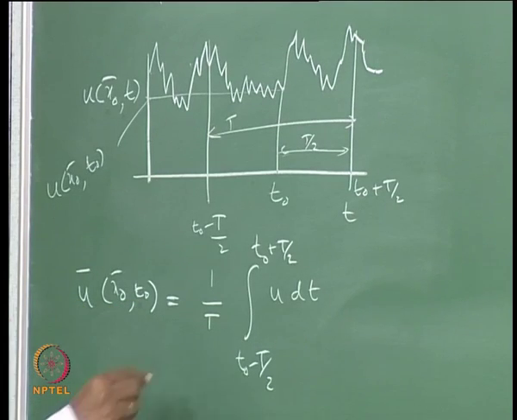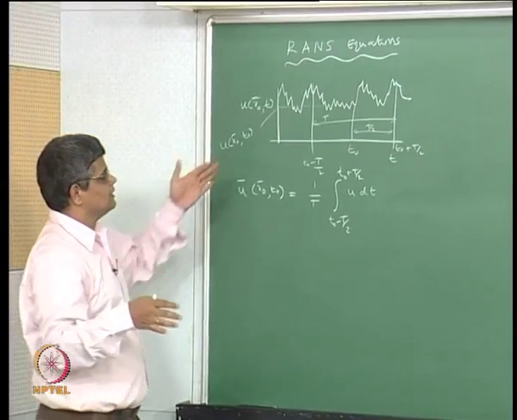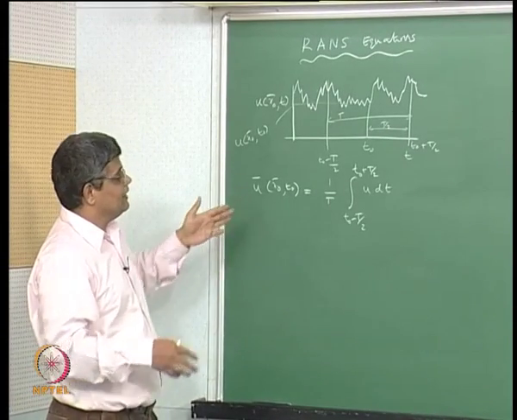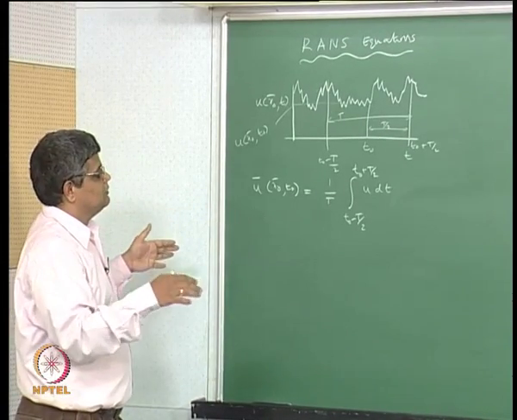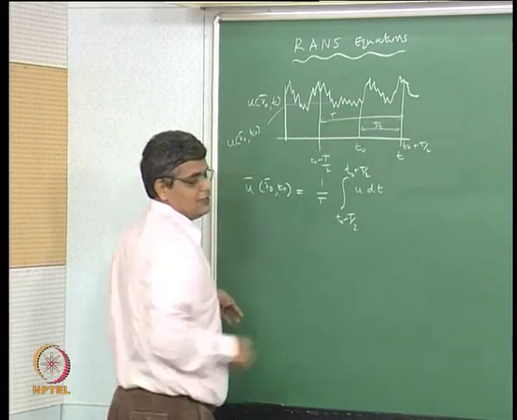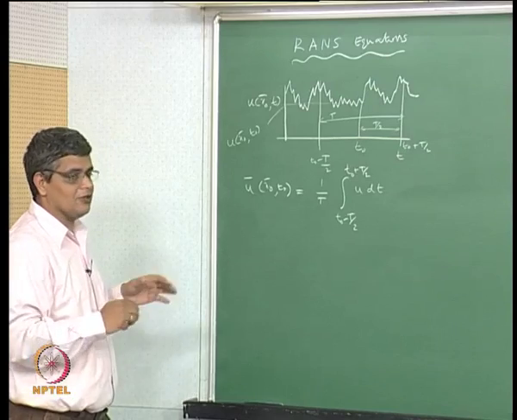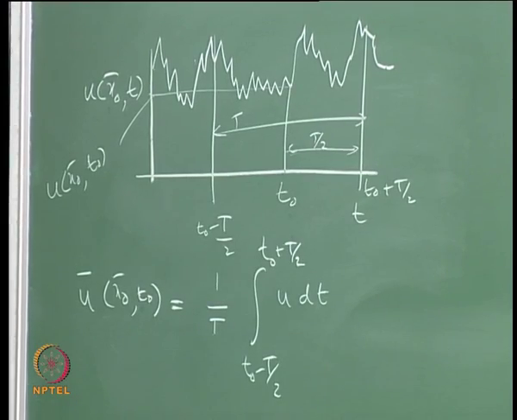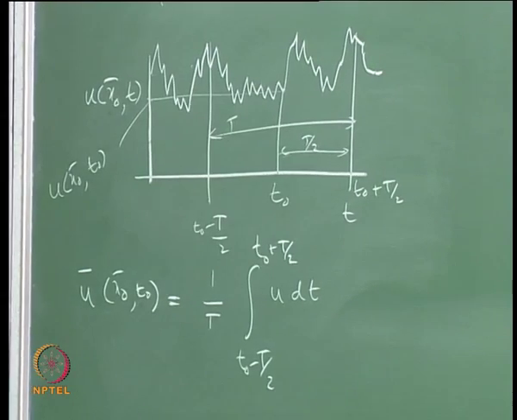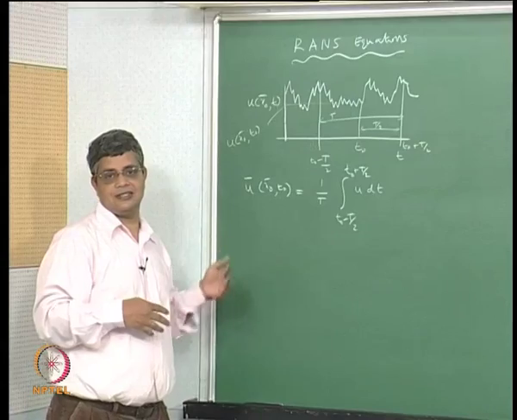Now what is this capital T here? This is the time period, it is the time window over which we are averaging, and this time window is such that it is sufficiently large to smooth out the turbulent like fluctuations that we have here, but it is not so large, so wide that it will suppress inherent time dependence of the system itself.